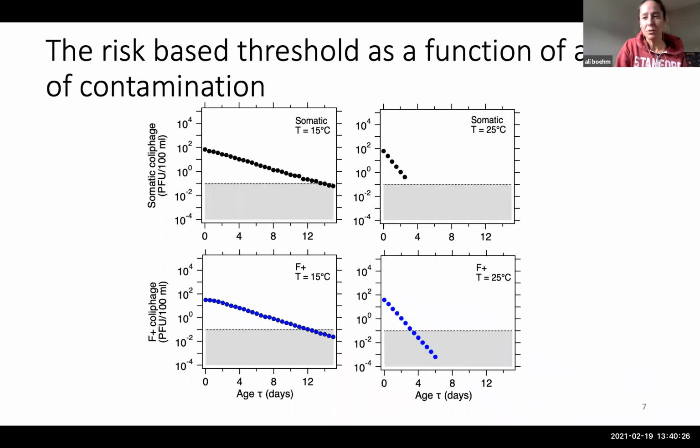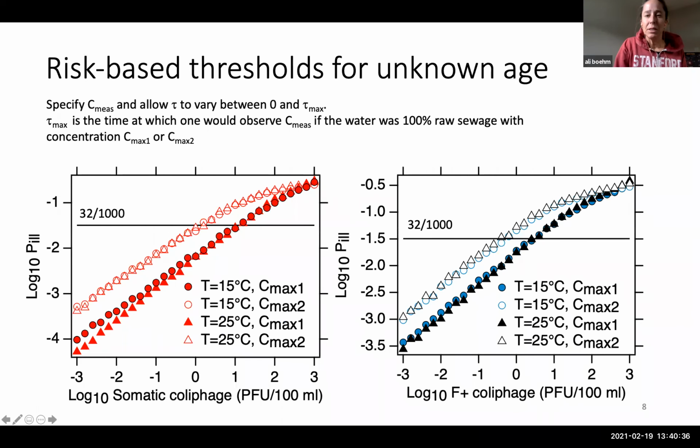That's great, but normally we don't know the age of contamination in our water. So what happens if we don't know anything about the age of contamination? We repeated the analysis to determine the risk-based threshold when the age is unknown. To do this, we specified a measured concentration of coliphage.